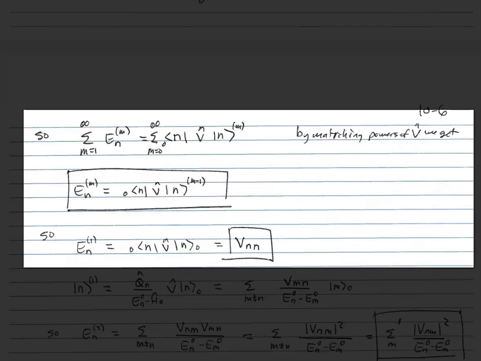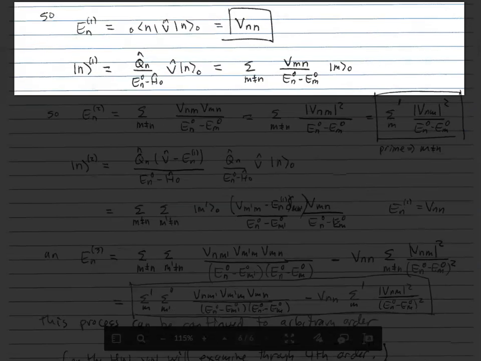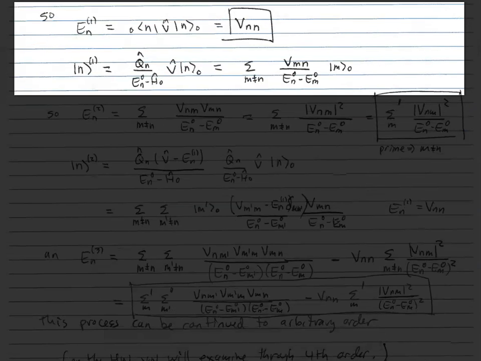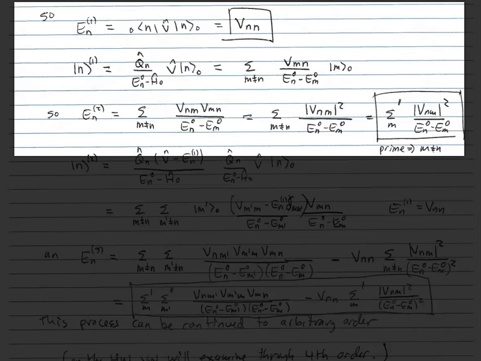We're going to be labeling the subscripts of our matrix elements in terms of the indices that correspond to our unperturbed energy eigenstates. |n^(1)⟩ is equal to Qn over (En⁰ − H0) V̂ |n₀⟩. Our prescription is to multiply by a V̂ and then multiply by ⟨n₀|. So we're going to go ahead and do that.